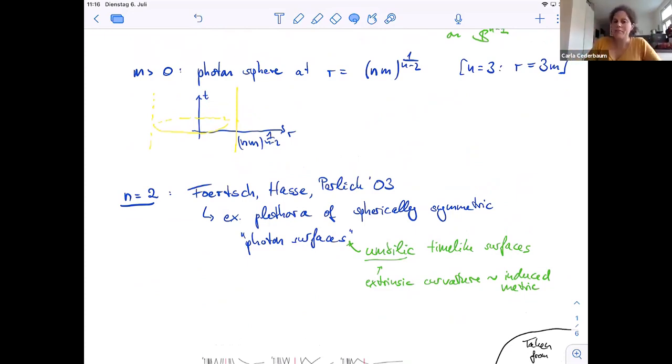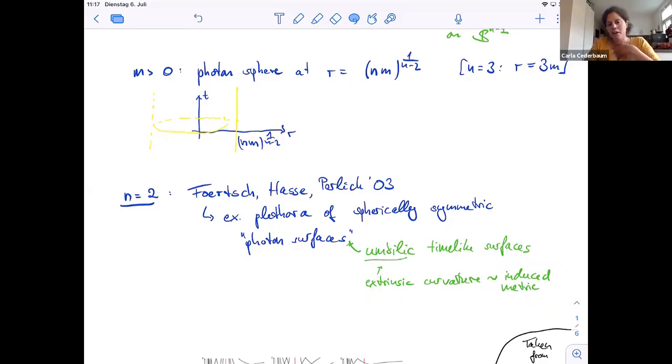And the mathematical definition of a photon surface here can be worded either as an umbilic time-like surface, where umbilic means that the extrinsic curvature is proportional to the induced metric along this hypersurface.